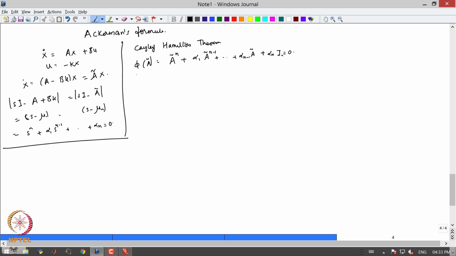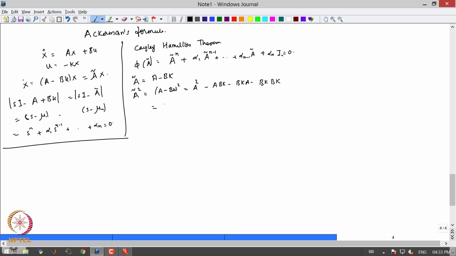So what do I know? A tilde is A minus bk. A tilde square, I just expand this, (A minus bk) square, and I can write this as A square minus A bk minus bkA minus bk times bk.